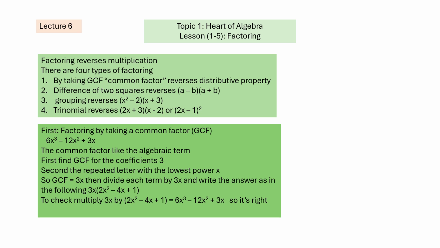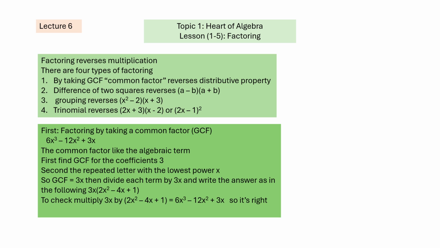Second, look at the letters or variables. You will take the repeated letters with the lowest power. In this case, you look at the letter or variable repeated in each term, and you take the lowest power. So the GCF overall will be 3x.